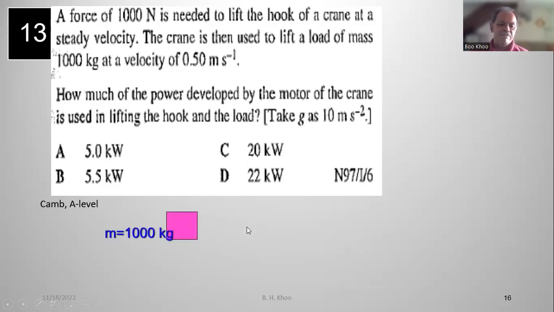So draw a picture roughly: the mass of the load and the hook.